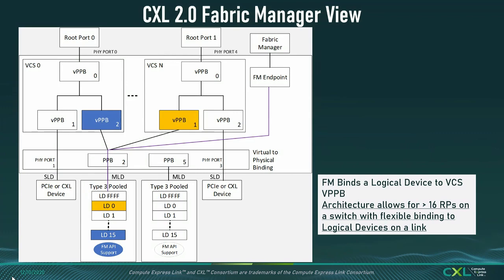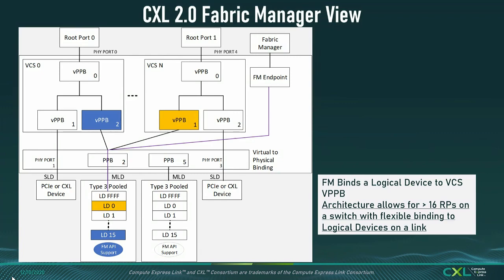So multiple VPPBs from different hosts can be mapped to one PPB. For example, PPB2 has been mapped to two different VPPBs, which basically represent two different root ports, one colored in blue, one colored in yellow. So the fabric manager orchestrates that binding.